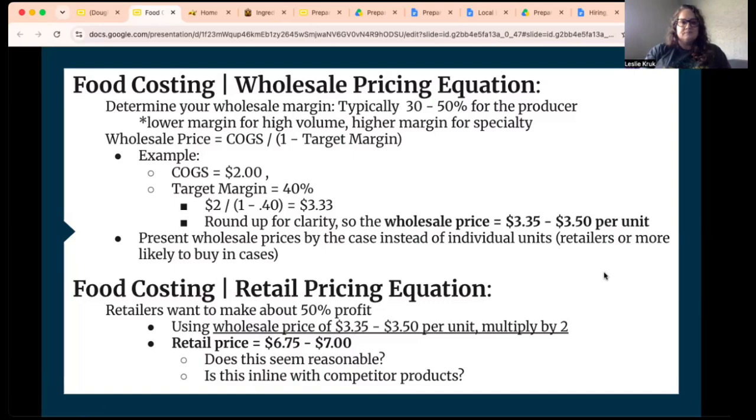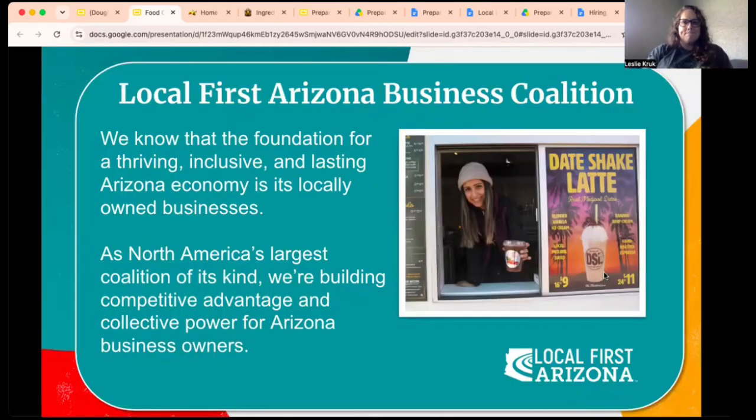So this kind of support and technical assistance and more is available through our Local First Arizona Business Coalition and business support services. We see that there's power in numbers, and we are the largest small business coalition in the country. That means we have the most small businesses in this network that we can work with all throughout the state.